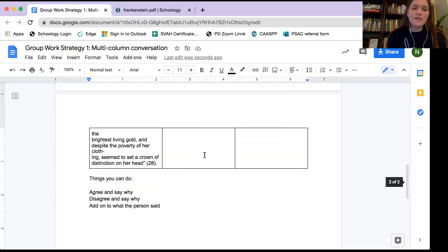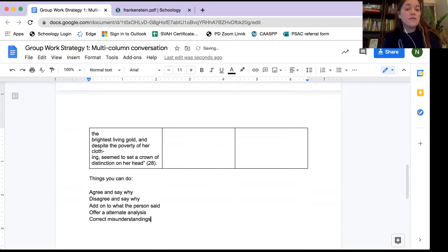And some of the things you can do are to agree and say why you agree, disagree and say why you disagree with the analysis, add on to what the person said. You can also offer an alternate analysis or correct misunderstandings or clarify. So there's a lot of great things you can do with this.